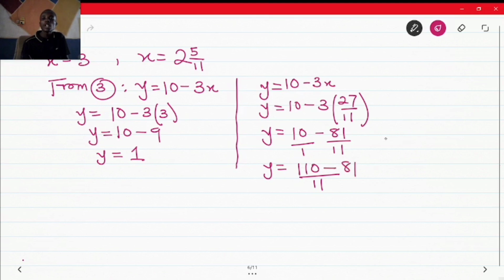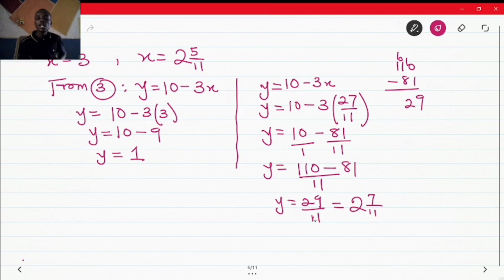So 110 minus 81: this should be 0, I borrow 1, 10, this should be 29. So y equals 29 over 11, and that will give me 2 whole number 7 over 11, as in 11 in 29 will be 2, remaining 7.